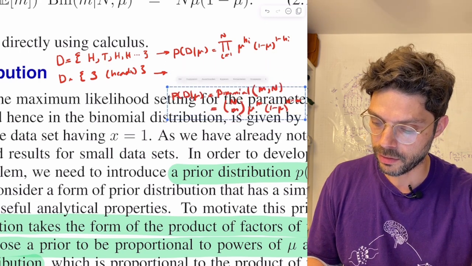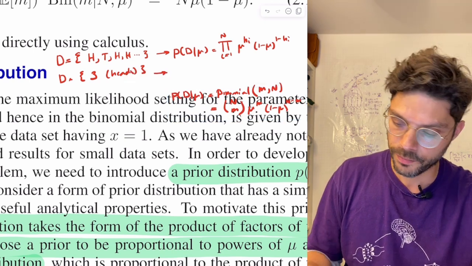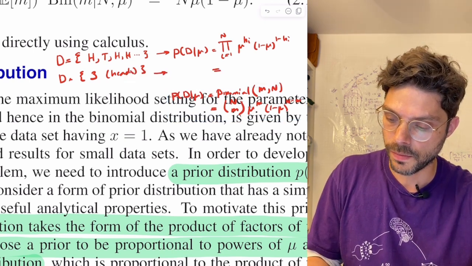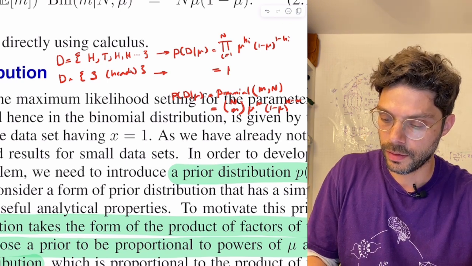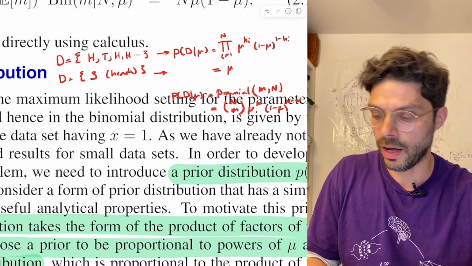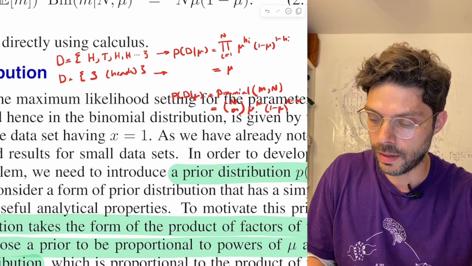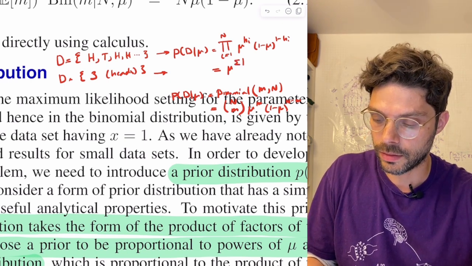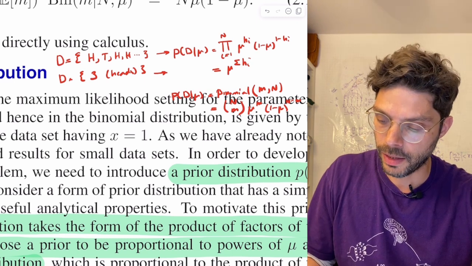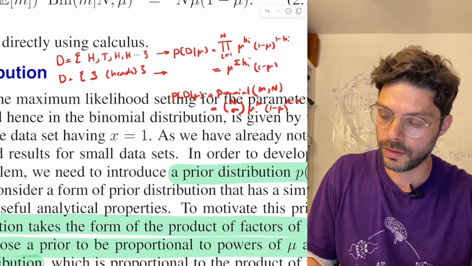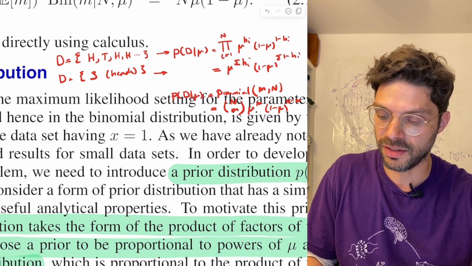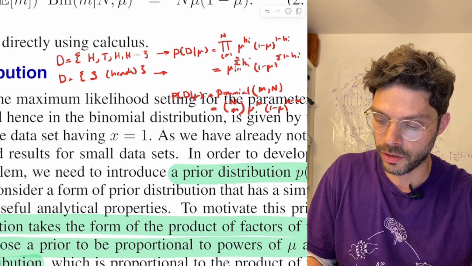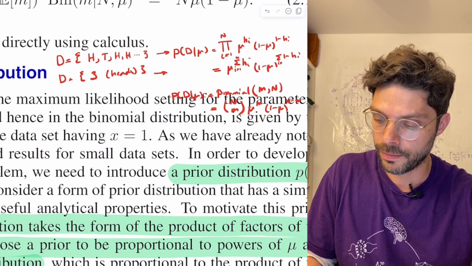This thing is going to equal mu to the sum of h_i times 1 minus mu to the sum of 1 minus h_i, and these sums are going from 1 to n, right?